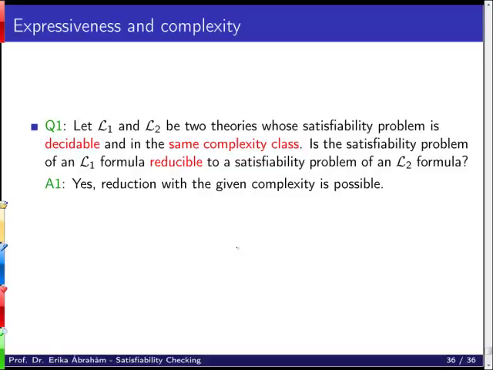If you can solve your problem, then you can solve the two-counter machine problems, so your problem is also undecidable. So for undecidability, such reductions are used very frequently, but also for complexity.